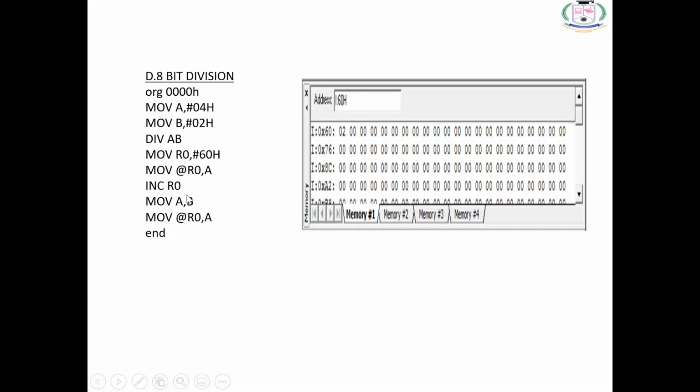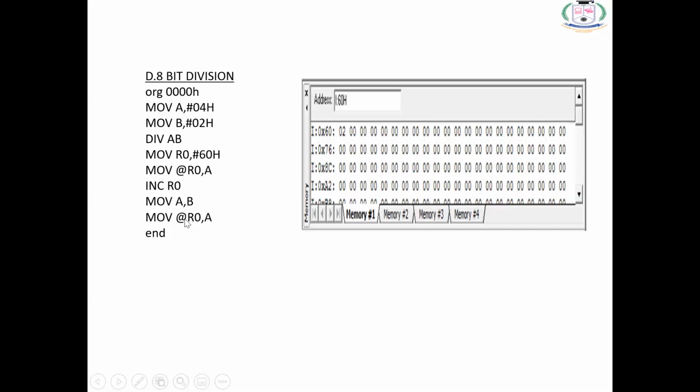INC R0. INC R0 means increment the R0 value by 1, so R0 will become 61. MOV A,B. B will hold the remainder. Here there is no remainder, but in some programs we have a remainder. At that time I have to move my B value to the accumulator and from the accumulator to R0.